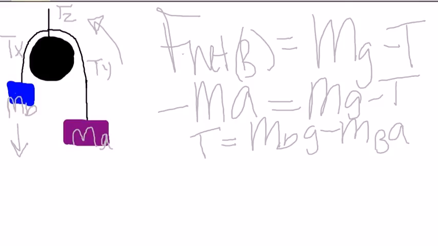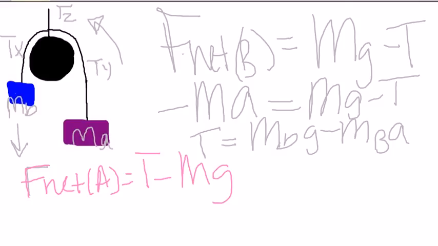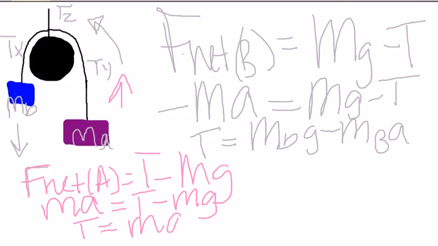So now we look at the net force for mass A. And I will do that in a different color. I'll do that in pink. So the F net for A equals tension minus gravity, because tension is winning because it's moving up. And so when we add mass and acceleration for F net and solve for T, T equals ma plus mg.